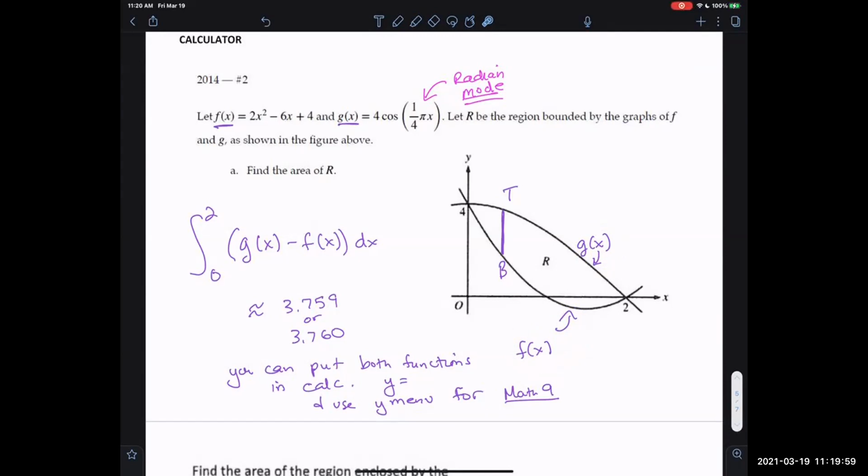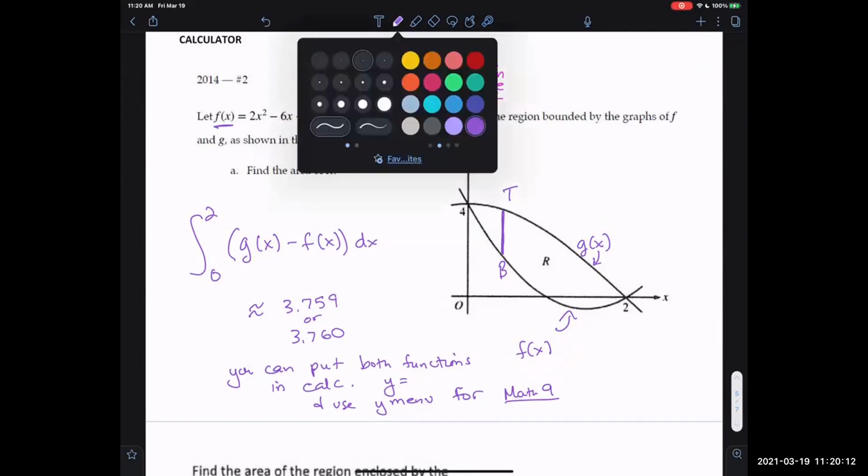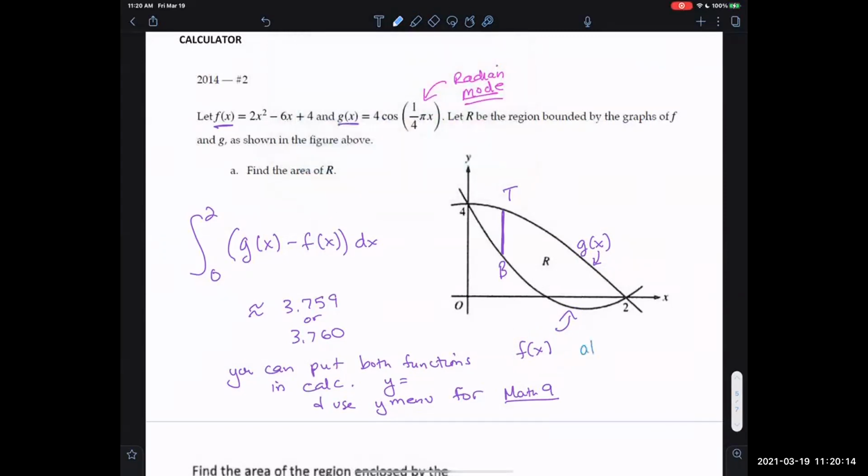So, two notes about the calculator. Remember, at the very beginning of the year, we talked about this. You can put both of your functions into y1 and y2, and then you can use your alpha, right? So that menu I'm referring to is using your alpha button and the trace button. It'll bring up your y menu in the calculator if you have the new operating system.